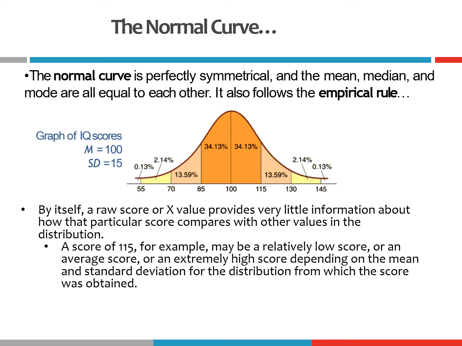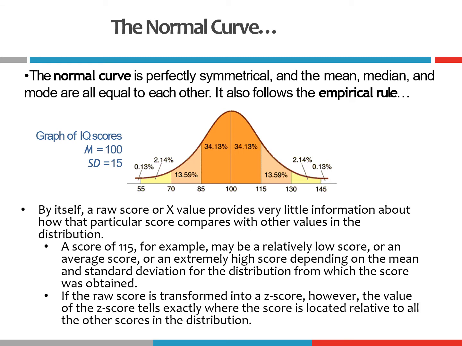But that information can be used to calculate a z-score, and the z-score tells us exactly where the score is located relative to all of the other scores in the distribution. So what exactly is a z-score?